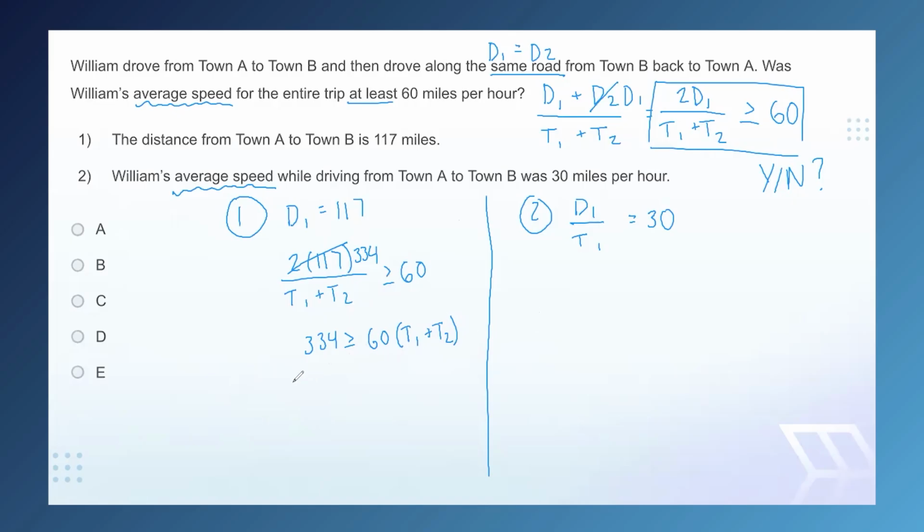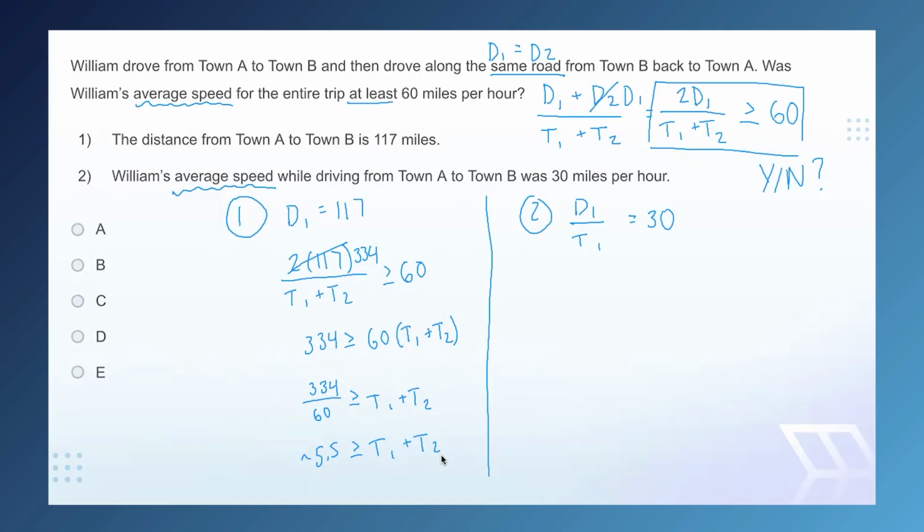Okay, dividing by 60 on both sides is going to give us 334 over 60 is greater than or equal to T1 plus T2, or about 5.5 is greater than or equal to T1 plus T2. Okay, is that inequality true?